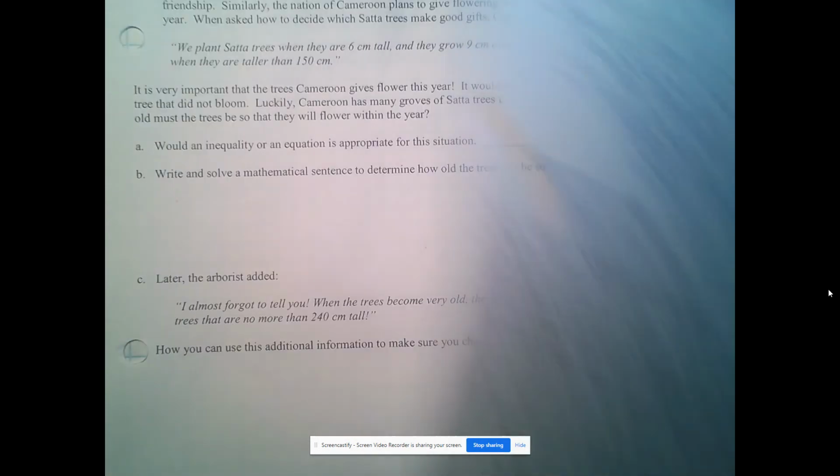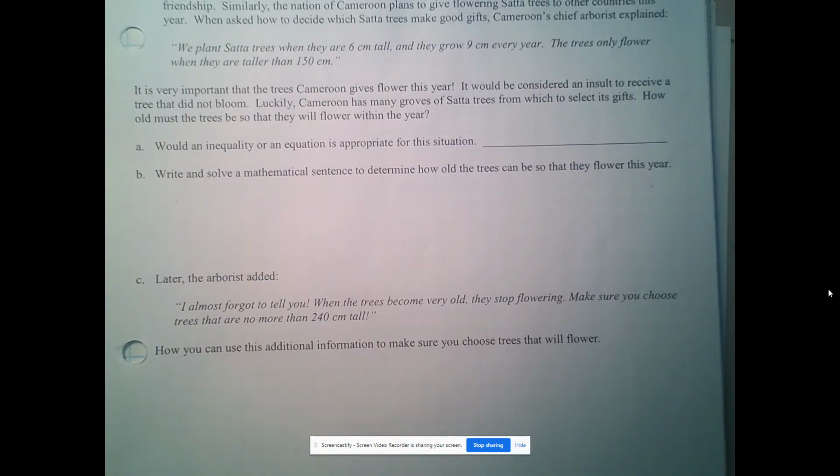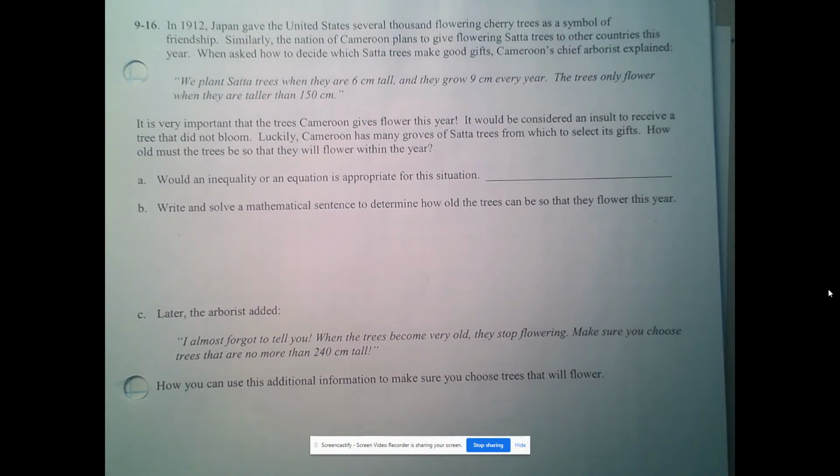All right. In 1912, Japan gave the United States several thousand flowering cherry trees as a symbol of friendship. Similarly, the nation of Cameroon plans to give flowering sata trees to other countries this year. I'm not sure if I pronounced that correctly or not. When asked how to decide which sata trees make good gifts, Cameroon's chief arborist explained, "We plant the trees when they are 6 centimeters tall and they grow 9 centimeters every year.